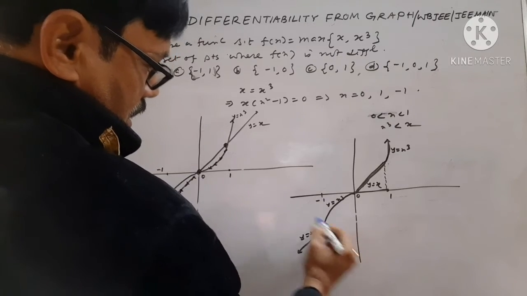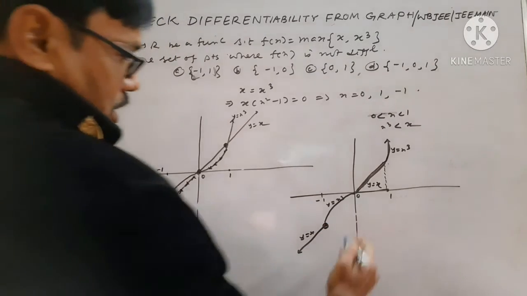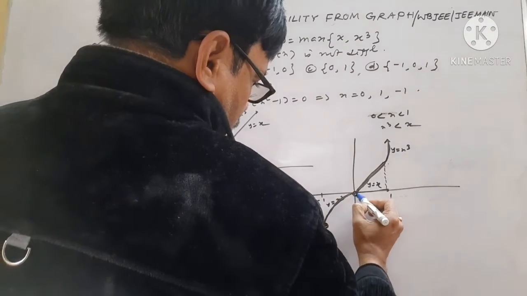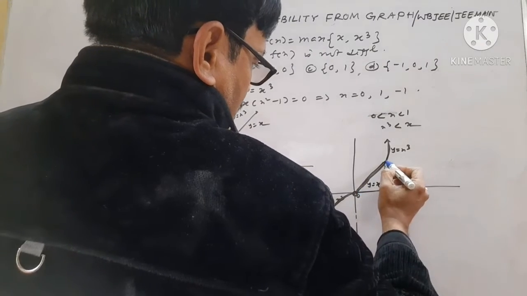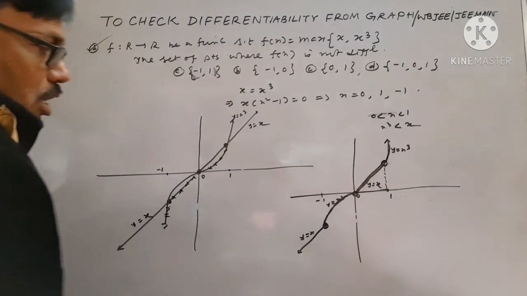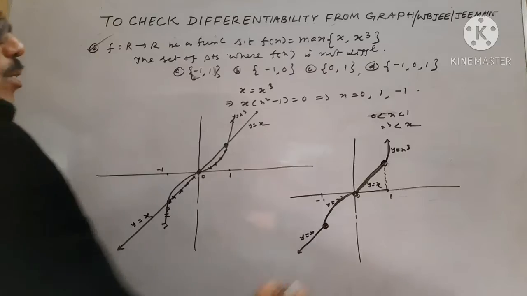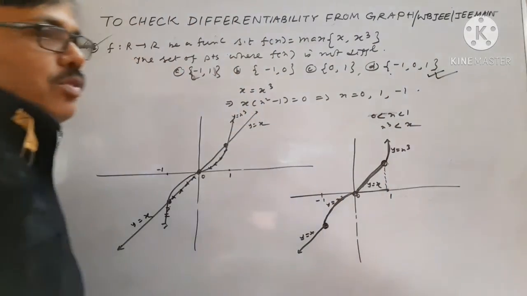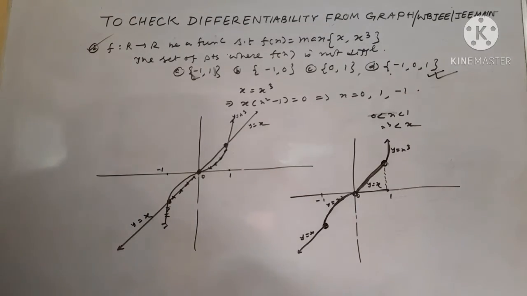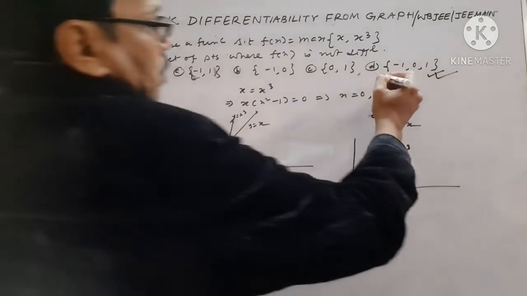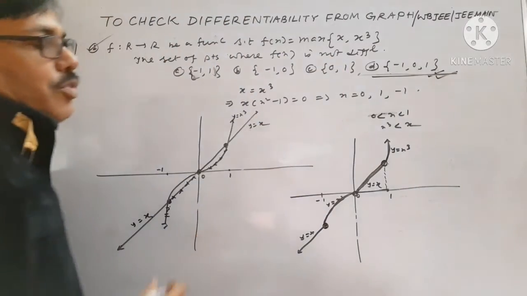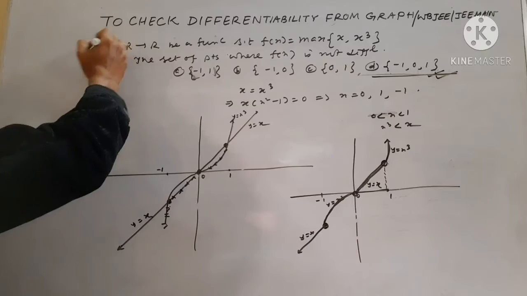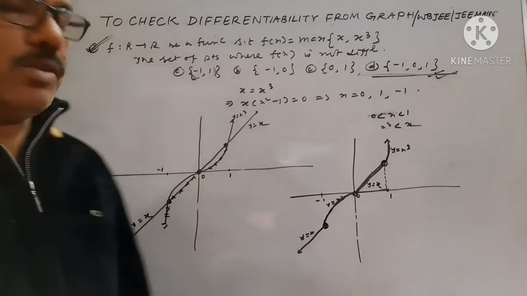So this is a sharp corner, this is another sharp corner, and this is another one, where the curves intersect. So the corners are at minus 1, 0, 1. At corners it is not differentiable. So the function is not differentiable at minus 1, 0, 1. Most important problem and interesting also.